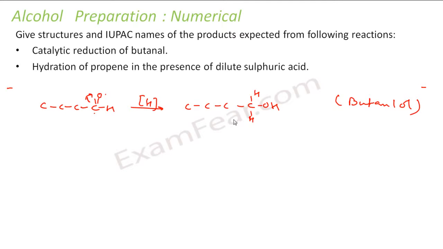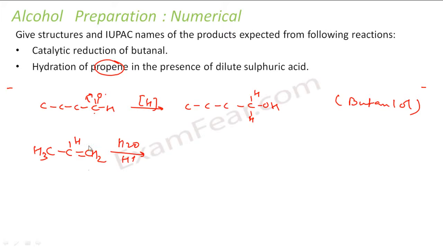The next is hydration of propene in the presence of dilute sulfuric acid. With propene, you can take this double bond either way, it doesn't matter, you'll get the same thing. So this is propene. I do a hydration in the presence of dilute sulfuric acid. So here a carbocation is formed, and based on the Markovnikov rule, you add hydrogen and OH.